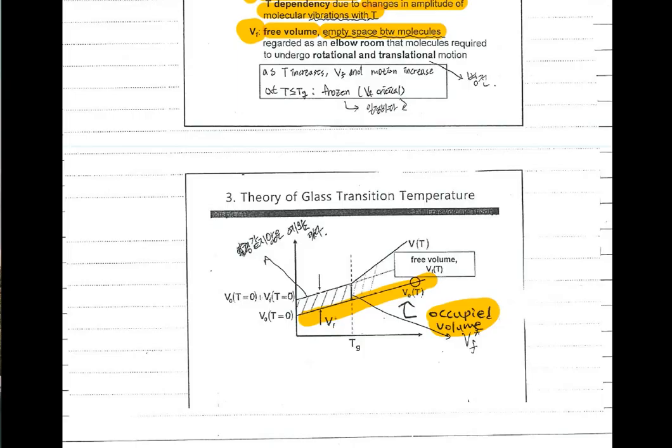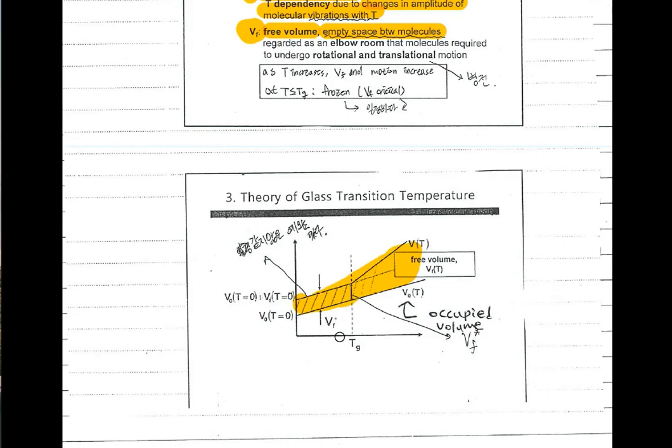Right? On the other hand, free volume is this part. So let me remove this. The occupied volume follows this line, and free volume is this region.